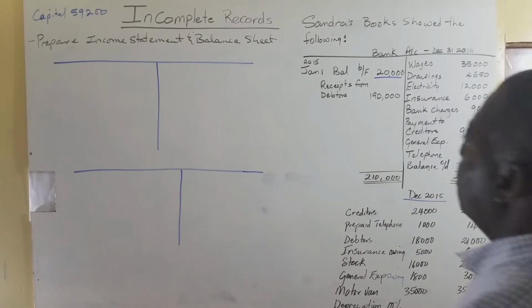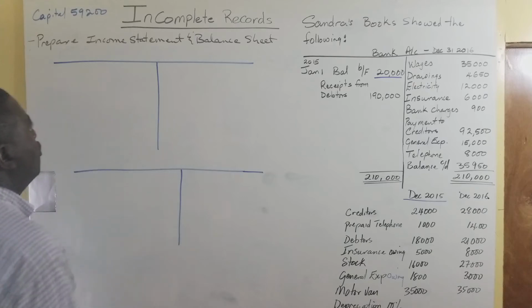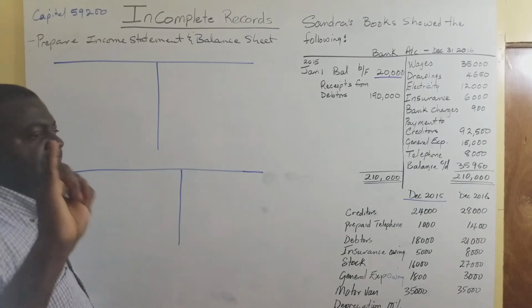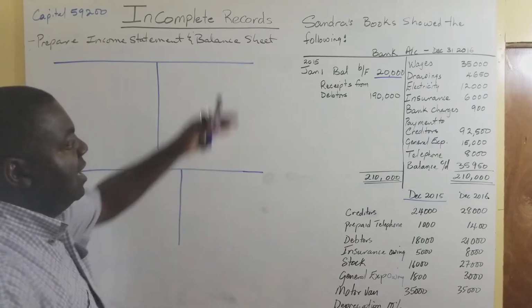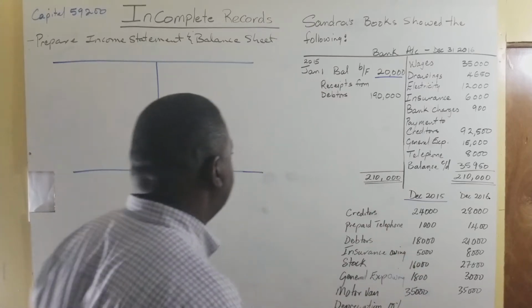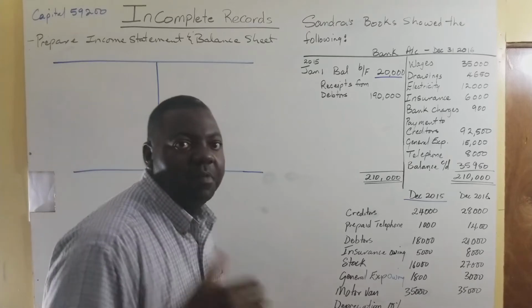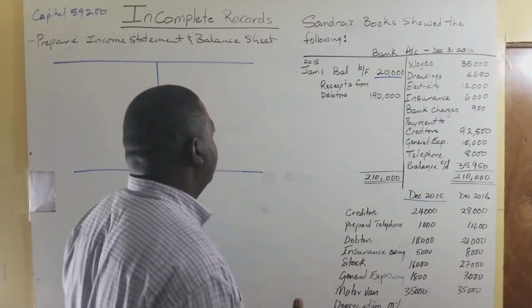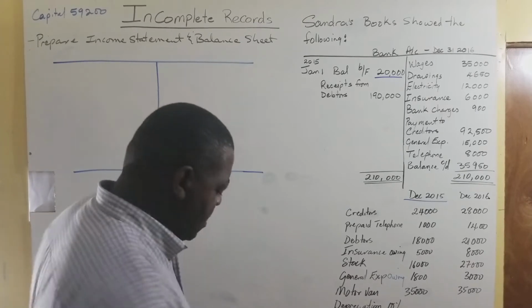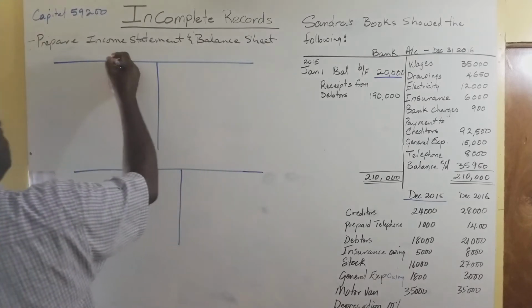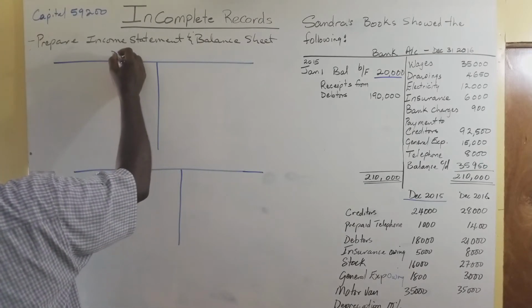So now we move to find the sales figure and the purchases figure based on the information presented. And what we're going to be using is the concept of control accounts to determine the sales and the purchases figure. All right, so we're going to do our debtors control.